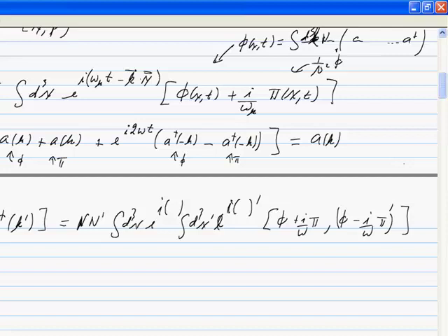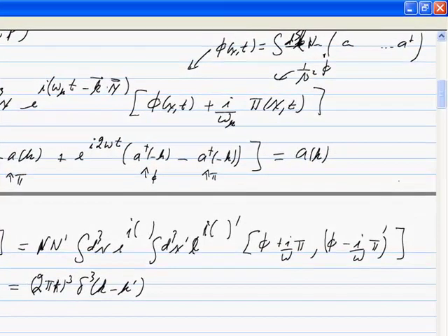But these guys, phi commutes with phi, but phi does not commute with pi prime. So these guys equal, then this 2 pi delta 3 of k minus k prime automatically. So the pi commutators here give me a delta 3 of x minus x prime.